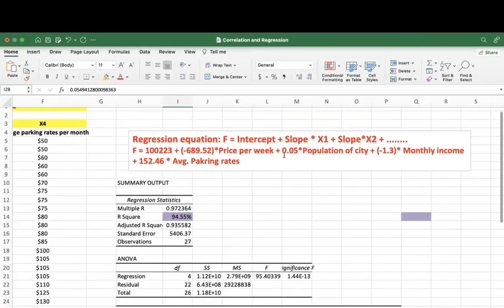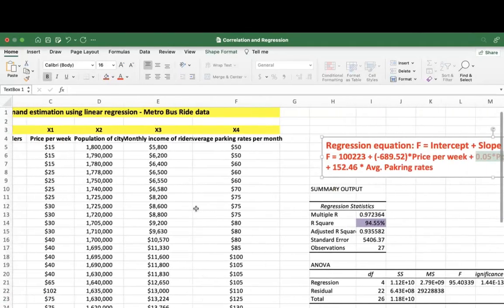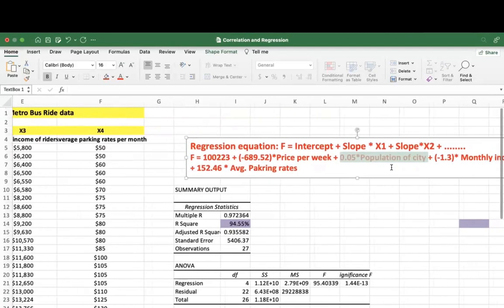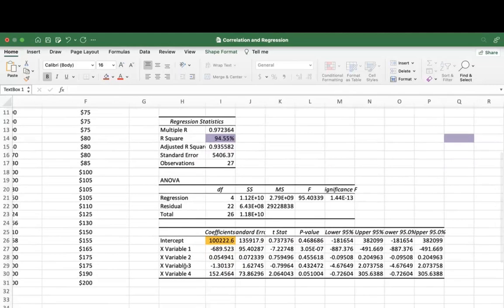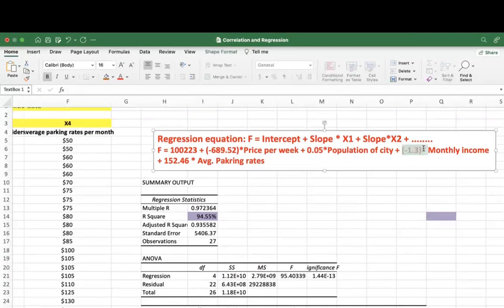So 0.054 multiplied by the variable population of city, and we already have data about population of city. At this moment I'm just writing, making an equation. Then the slope for the third variable. The third variable is monthly income, that's x3. For monthly income, the slope is negative 1.3. So I will write plus negative 1.3 because it's negative, multiplied by monthly income.